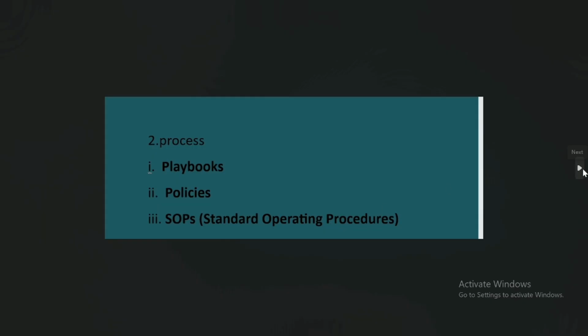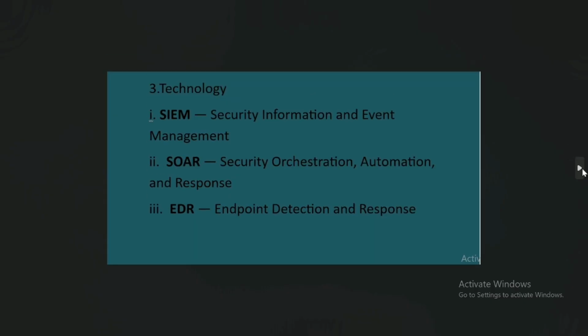And then we move to the next component, which is the technology. So under the technology, we have the SIEM, which stands for Security Information and Event Management. Now, this particular tool collects and analyzes security logs and events from different systems in one central location to help analyze, detect, and investigate threats.